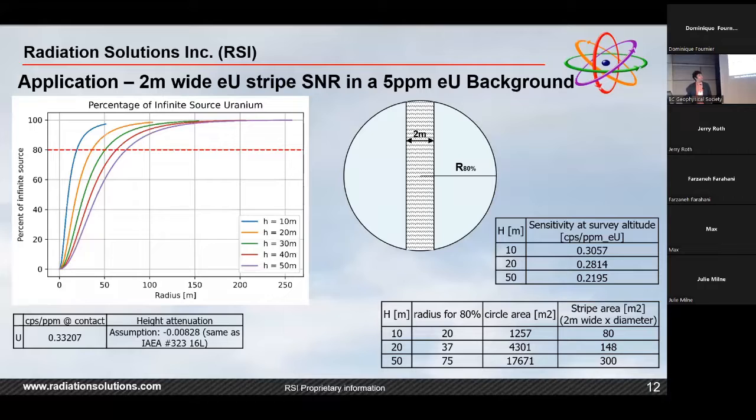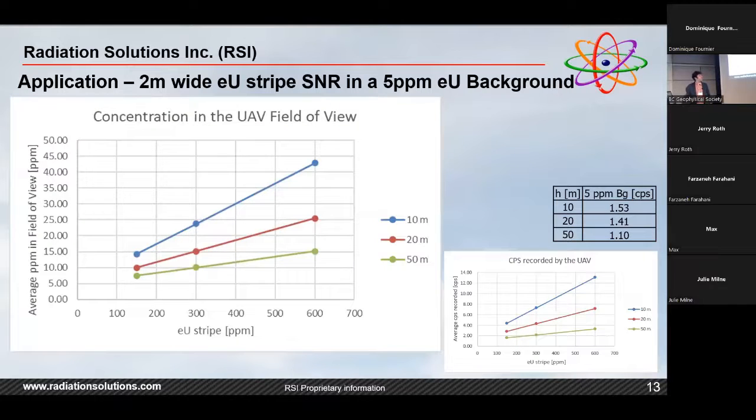You can see also that at different altitudes, your CPS per ppm of uranium starts to drop quite dramatically between 10 and 50 meters. You're losing a third of the sensitivity when you're flying higher. So this is all the response from the detector from a mathematical point of view, if everything is perfect. When you look at the average ppm that I'm looking at, both the surrounding and the stripe, you can see that even if you put a stripe at 150 ppm, you're only looking at an average of, let's say, 7.5 ppm in the whole field of view.